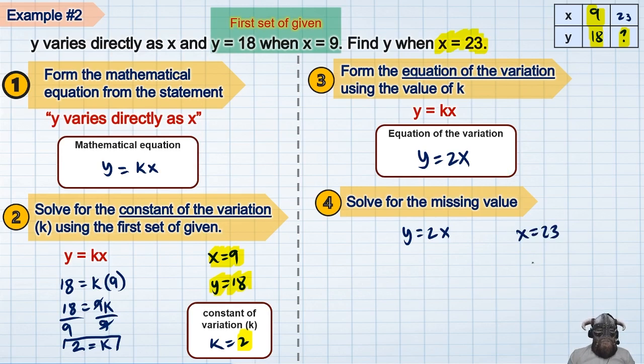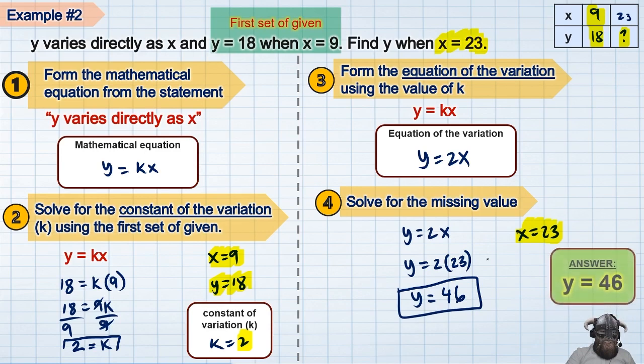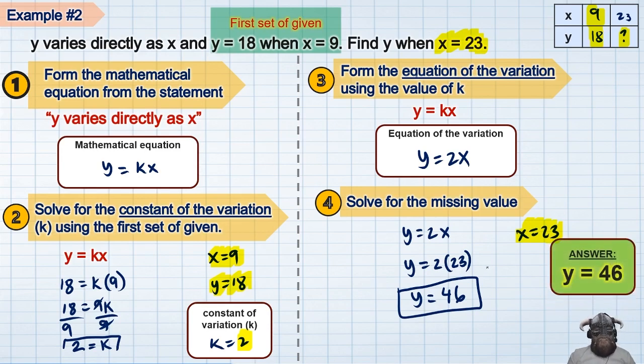So from x is equal to 23, ang gagawin lang natin, papalitan ngayon natin yung x natin ng 23. So lagay natin dyan, 2 times 23. So the value of y when x is equal to 23, the answer is 46. And this will be the value of y when x is equal to 23. So yan, tama tayo. Y is equal to 46.